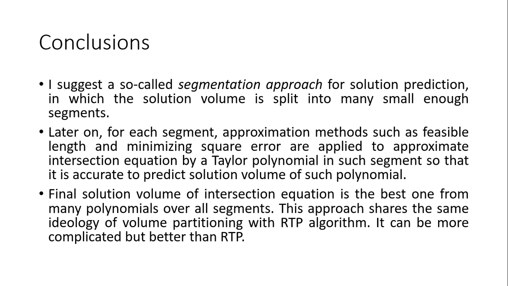Later on, for each segment, approximation methods such as feasible length and minimizing square error are applied to approximate the intersection equation by a Taylor polynomial per segment, so that it is accurate to predict the solution volume of such a polynomial. The final solution volume of the intersection equation is the best one among the polynomials over all segments.